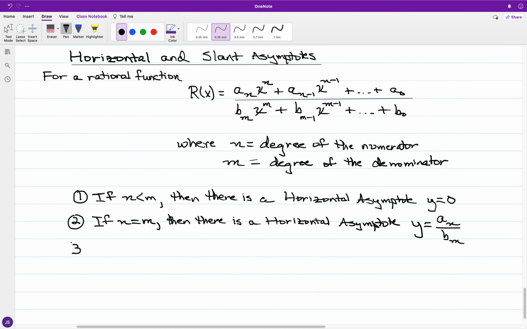Now, say you have n crossing over from less than m to equal to m, to where it is greater than m by 1 degree. Instead of a horizontal asymptote, there's going to be a slant asymptote.